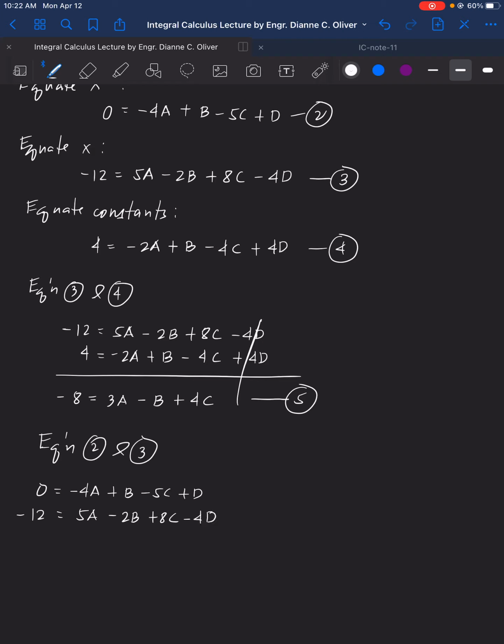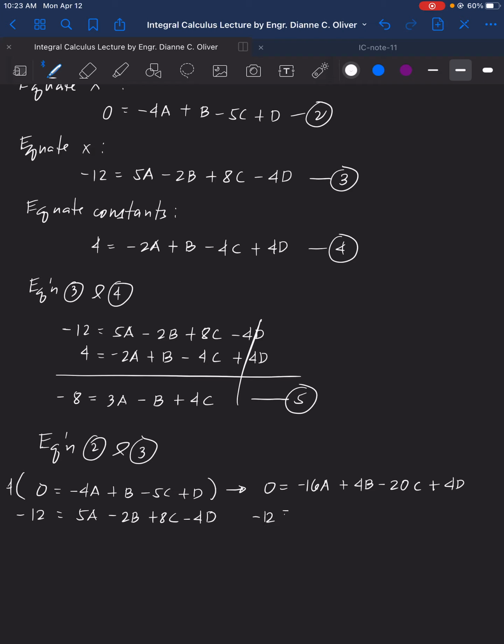To eliminate d, we will multiply the equation 2 with 4, so as to transform it as 0 equals negative 16a plus 4b minus 20c plus 4d.